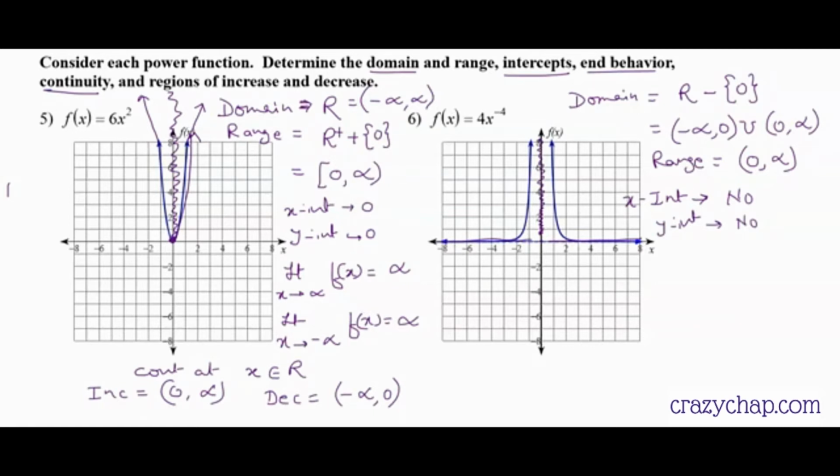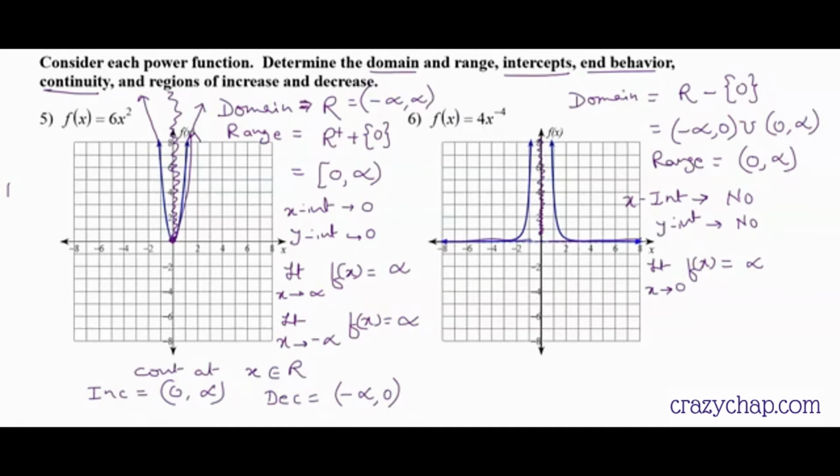What is the end behavior? When limit x tends to 0, when x is nearly equal to 0, the function f(x) becomes infinity. As the graph gets closer and closer to 0 on x, the function value becomes very, very large, so it is infinity.